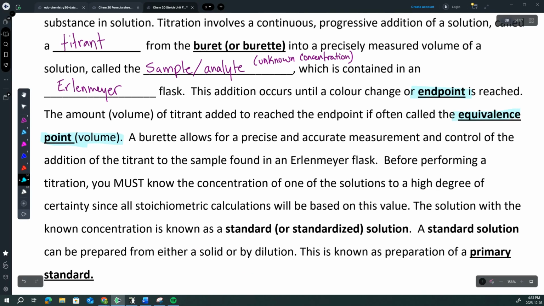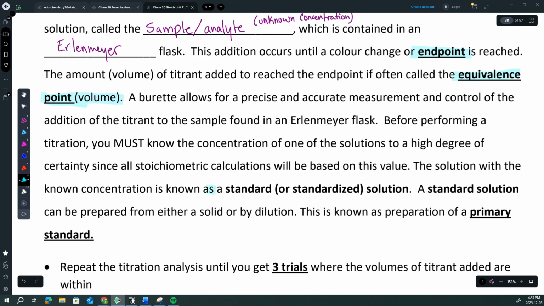The solution with a known concentration is known as a standard or standardized solution, and a standard solution can be prepared from either a solid or by dilution, and this is known as preparation of a primary standard.